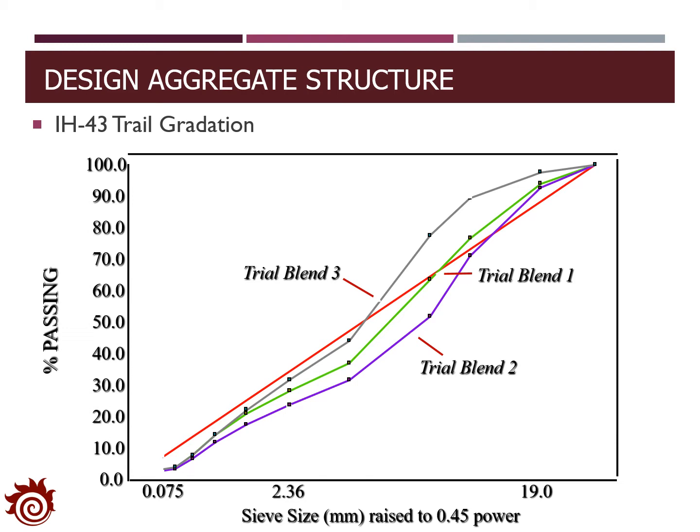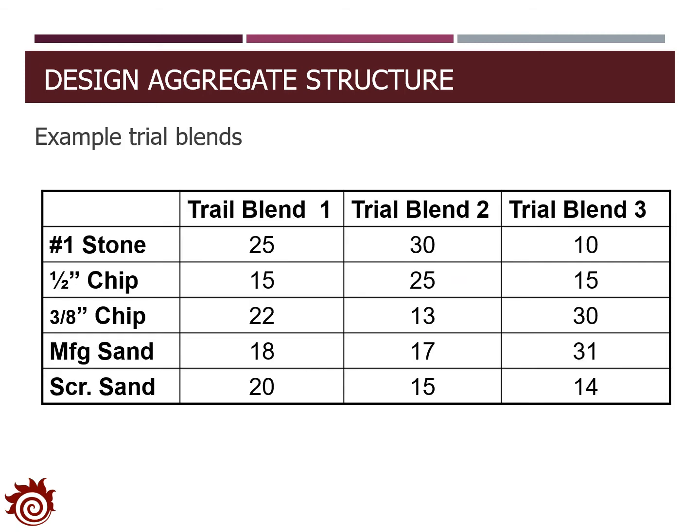Basically, you can see that trial blend 2 has more coarse content than trial blend 1 and trial blend 3. This table summarizes the sample aggregate structures in the 3 trial blends. Basically, for trial blend 1, the percentage of number 1 stone is 25, for trial blend 2 it is 30%, and for trial blend 3 it is 10%.